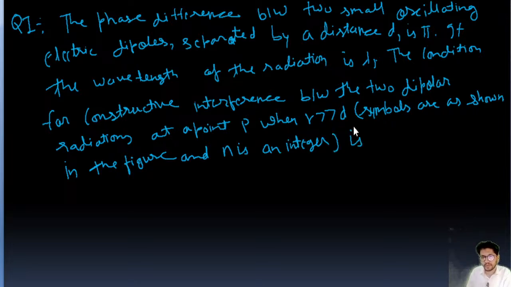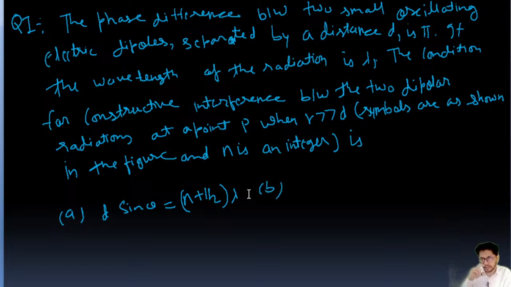Okay, and options are: option A, d sine theta equal to n plus half lambda. Option B is d sine theta equal to n lambda.